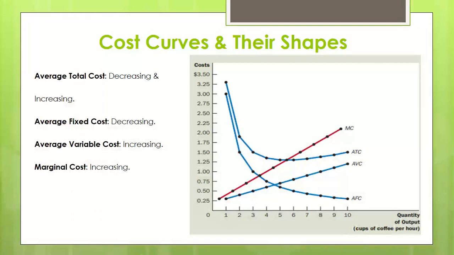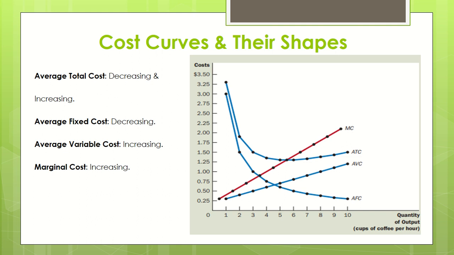So average total cost is falling, but after the two curves cross, the marginal cost curve rises. If you look here, after this point of intersection, the marginal cost curve starts to rise. That means the marginal cost curve is rising above average total cost.